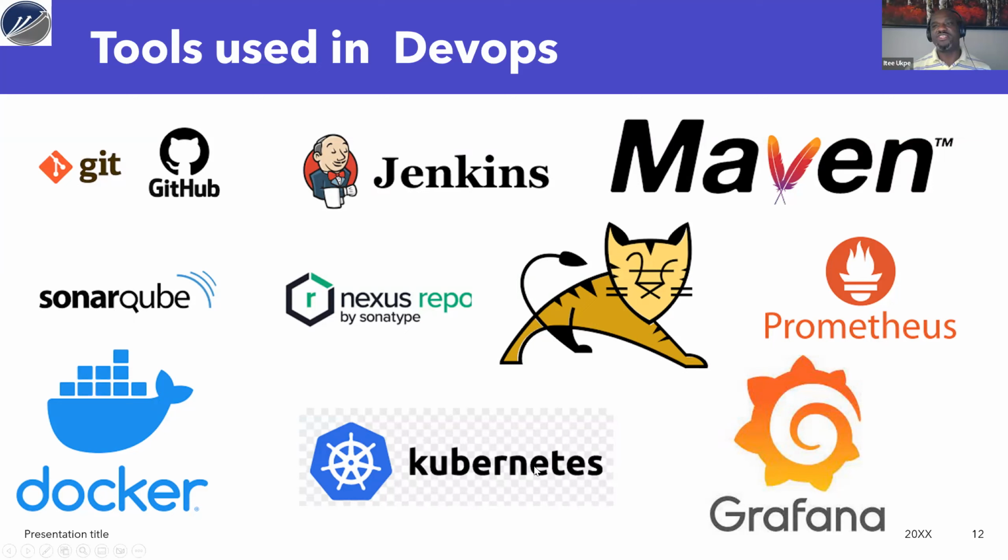Then we have Kubernetes. Kubernetes is used for orchestration. After your application is built, right, something has to orchestrate it. You want to scale your application up, scale your application down. You have Docker, and you also have what we call Docker Hub. After Docker has created a container, it pushes the containers into Docker Hub.